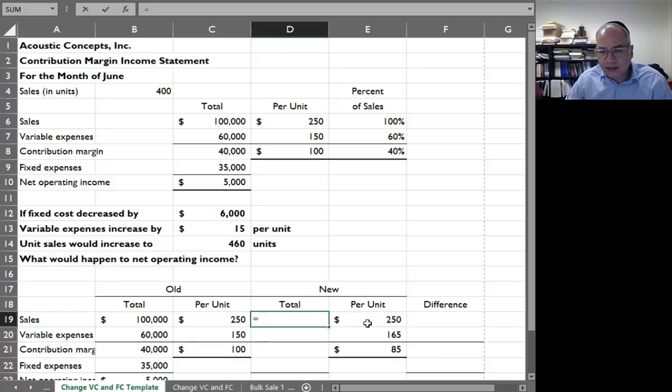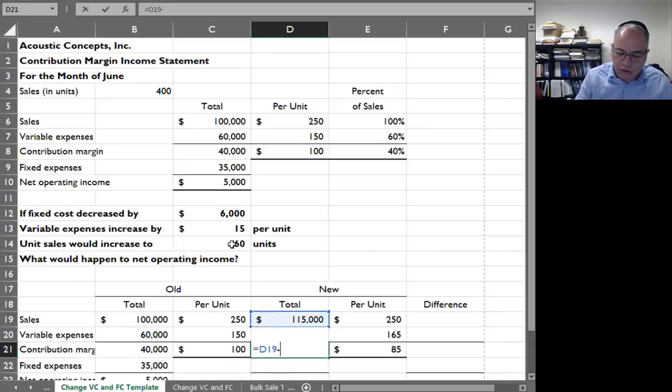So you're selling, let's see, 250 times 460 units. You're going to make in sales $115,000, and variable expenses are going to be $165 times 460 units, or $75,900. So your total contribution margin is going to be $39,100.